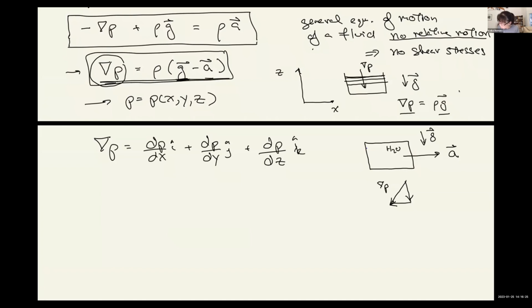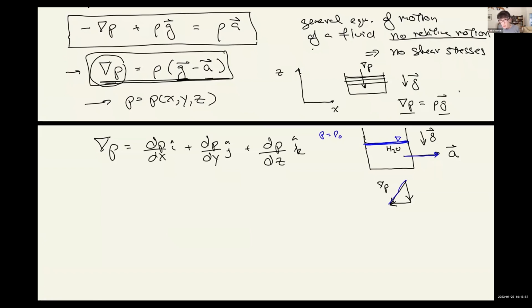So for example, if this was an open tank, and here's the free surface, and there's atmospheric pressure. So at the free surface, the pressure is P equals P naught. But now, if we have this acceleration, then the pressure is going to vary in this direction.